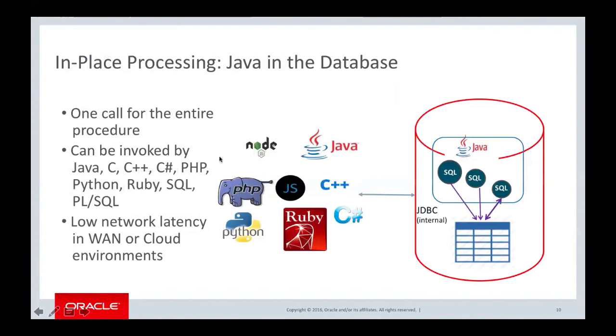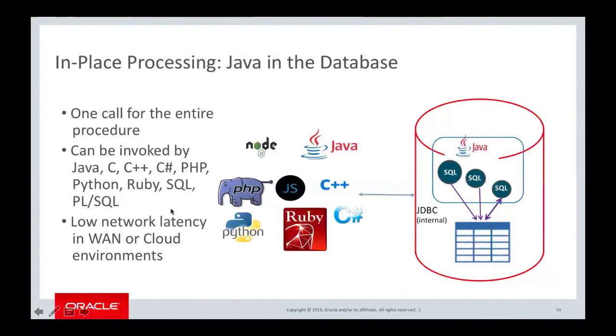Any client can invoke Java because it's wrapped as a PL/SQL procedure. So the implementation is hidden from the client. The client does not know it's calling Java. It's just calling a PL/SQL wrapper, and the wrapper itself invokes the Java. The wrapper is not a runtime. It's just a function wrapper, so no overhead.